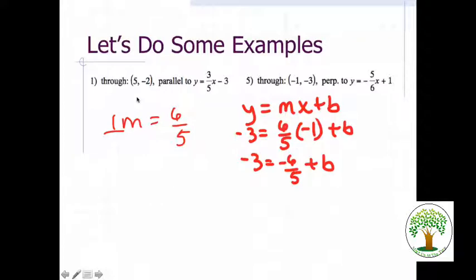I'm going to add 6/5, so that would be 21/5, and add 6/5. This 3 is 3 over 1. I need it to be fifths. If you don't have a fraction button, it's got to be negative 15/5.